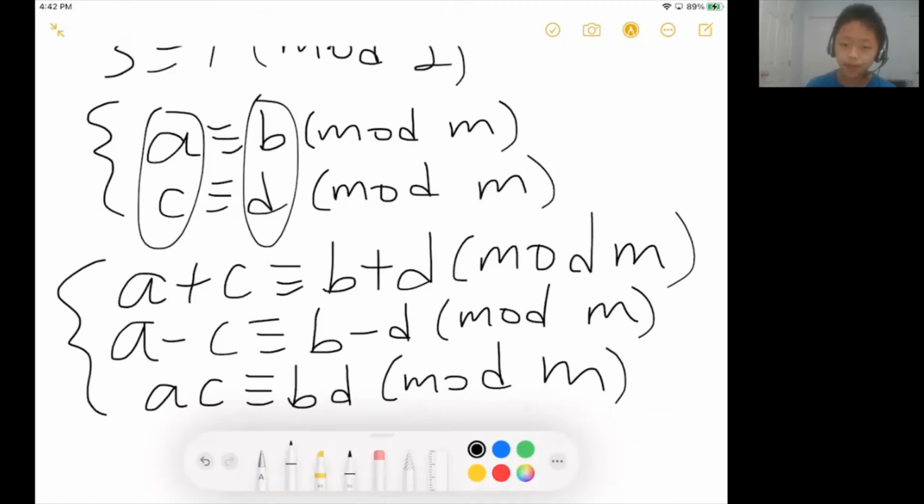An important thing to notice about these properties is that they rely on these two moduluses, these mods here, being the same. They're both M in this case.